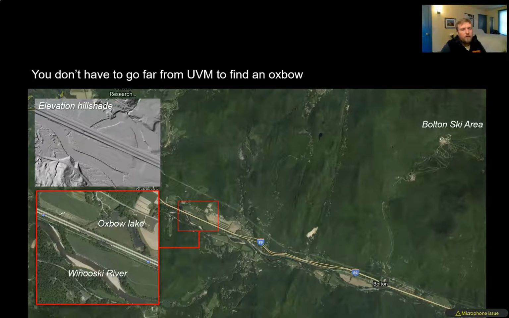So UVM is somewhere over here, and you drive up, and right here there is a small little lake next to the access road that's right here, as well as the freeway, and that is a small oxbow that was filled in with water, but isolated from the main course of the Winooski River, which is over here right now. Okay.